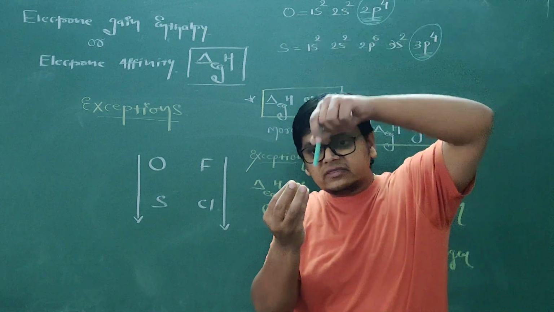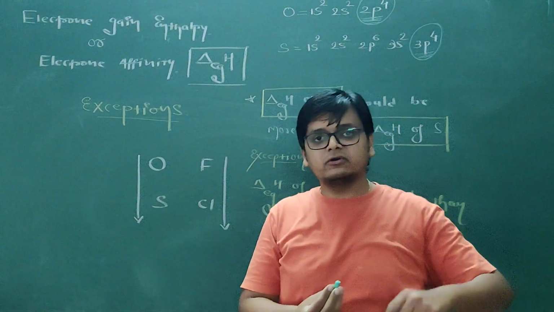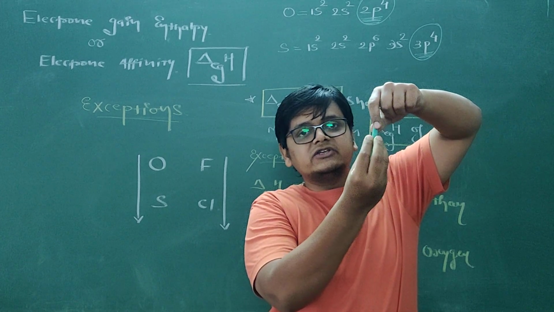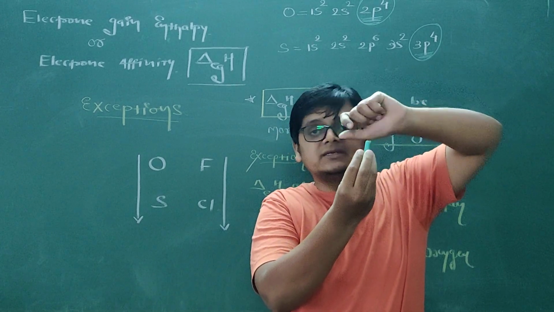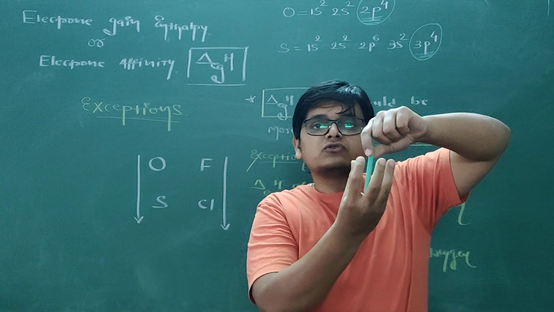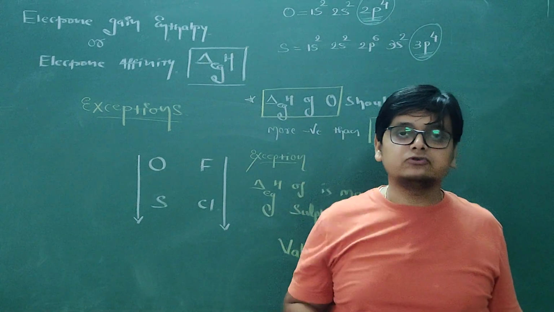Now we are adding another electron. Electron gain enthalpy means addition of an electron. What will happen? The distance between electrons will decrease, and due to like charges they will repel each other. So repulsion is more in a small orbital, while repulsion is less in a large orbital.